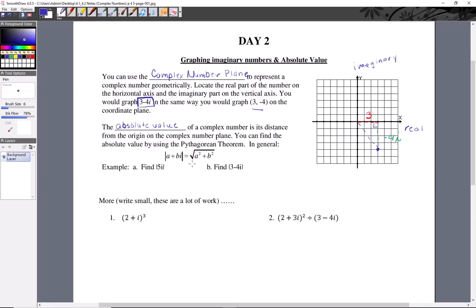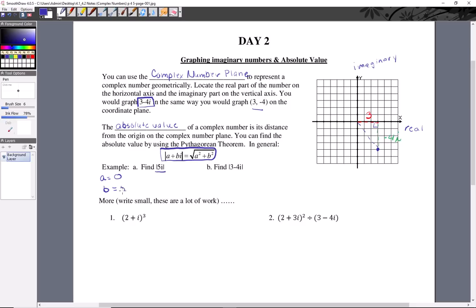So this will be the formula that we're interested in, and you notice that there's no imaginary part with the b, because a distance is a real number. It's an actual number. So we can't put an i in here because that's imaginary. It's not real. So if we look at this, we can go ahead and just say that a is 0 because there is no real part, and b is just the coefficient on the imaginary part.